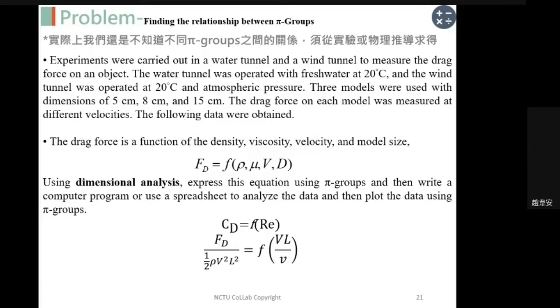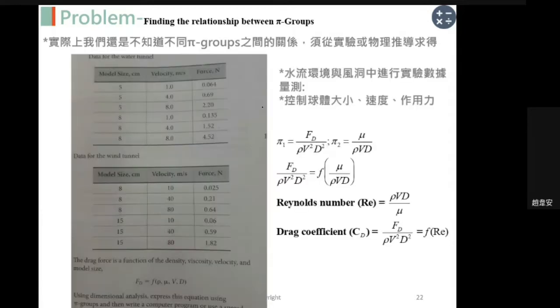Okay, so the following data was obtained. The table summarizes data from the water tunnel and the wind tunnel. The model size is different and ranges from 5, 8 to 15, and we also conduct different velocities and measure the different forces.